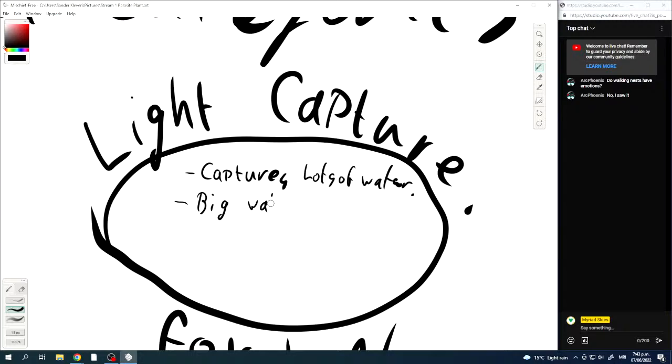Big, watery, and bright fruits. I think that is... they'll probably also generally be quite sturdy.